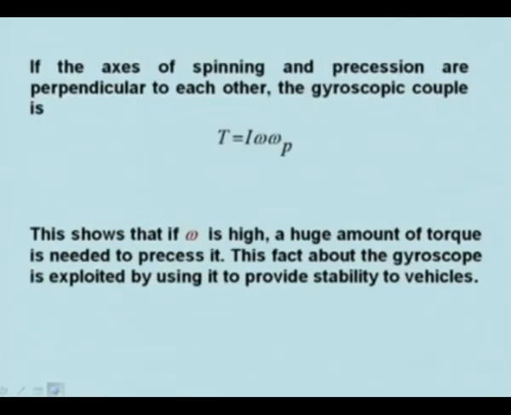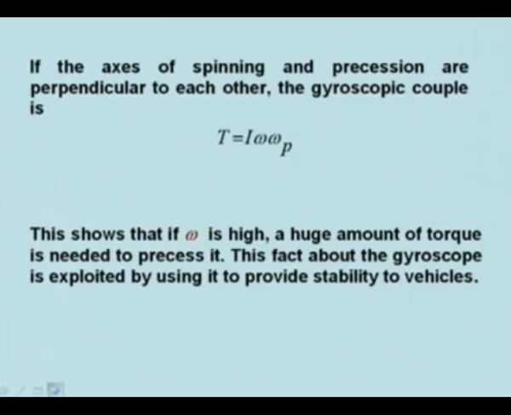If the axes of spinning and precession are perpendicular to each other, then the gyroscopic couple is T equal to I omega into omega p, where omega is the spin velocity and omega p is the precession velocity.